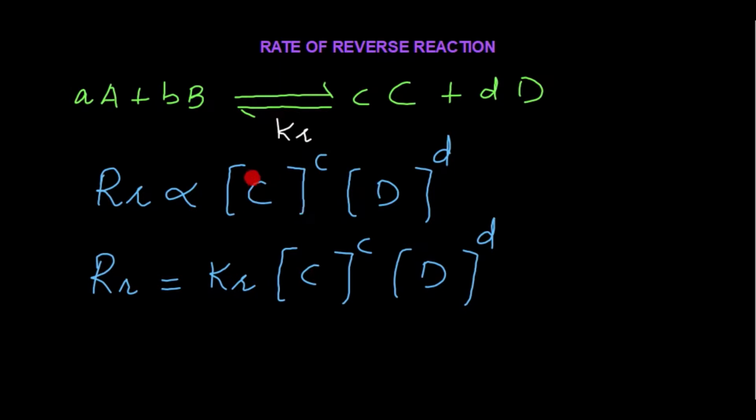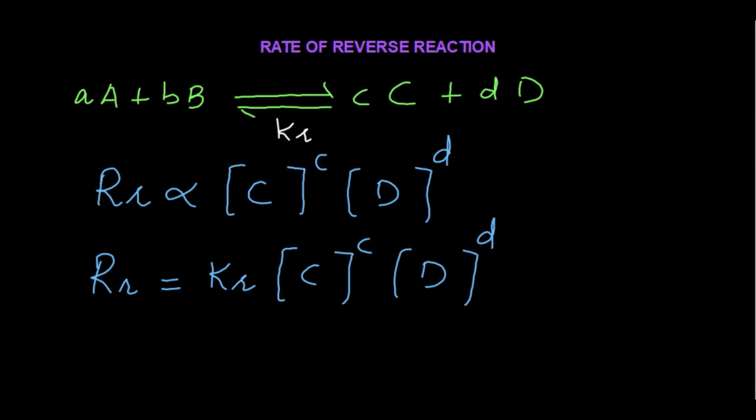That is, the square bracket of C shows the molar concentration of C and the square bracket of D shows the molar concentration of D. Small c and d are the number of moles of C as well as D. We know very well c and d are the coefficients of the balanced equation. While writing the rate equation, these coefficients change to powers, while Kr is the rate constant for reverse reaction. I hope this is clear to you, students.